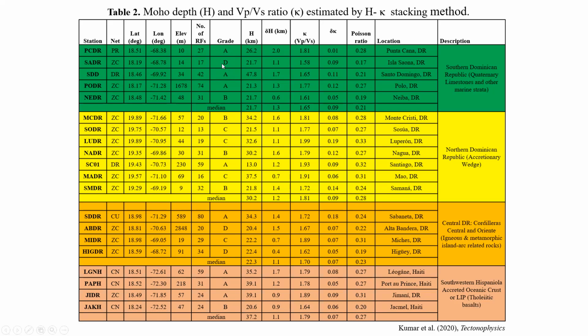We acknowledged in our paper that for such stations our receiver function quality was quite compromised, so the result may need to be improved in the future by some other methodology or by incorporating more data for the station. Likewise, for NEDR, we gave a B grade. For SODR and LEDR, we gave a C grade. We have acknowledged that in the paper.